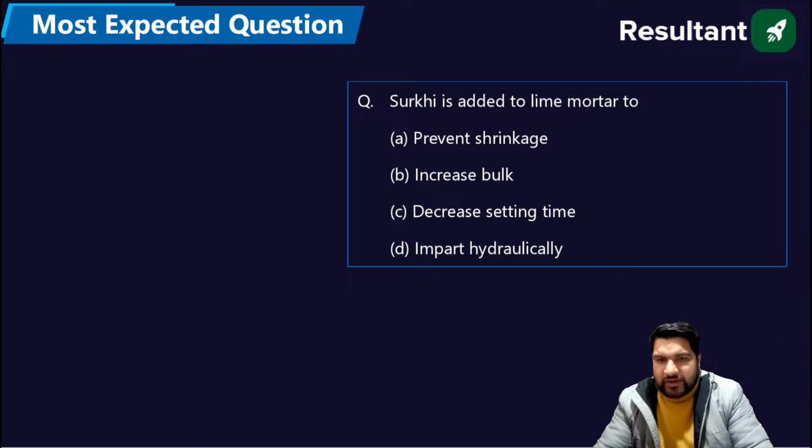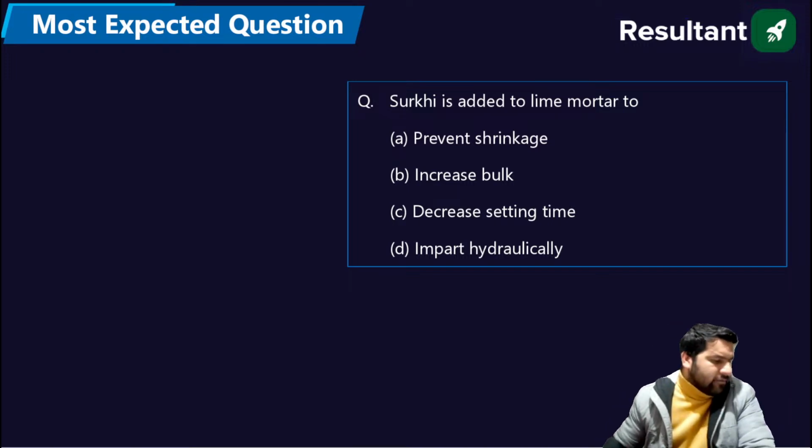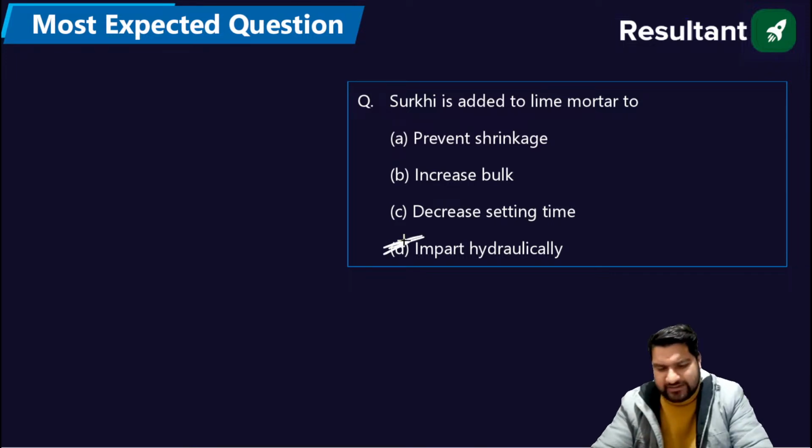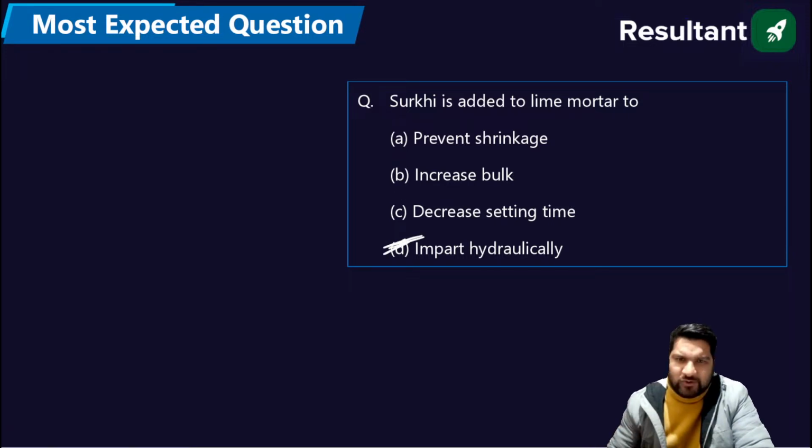Write down the answer. Guys, where are you all? Prevent shrinkage, increase bulking, decrease setting time, impart hydraulicity. So in lime mortar, we are using surkhi to impart hydraulicity. This is easy, guys. These are easy questions.